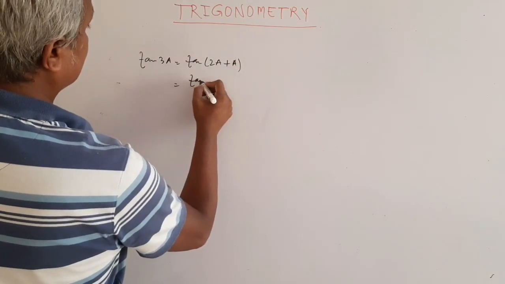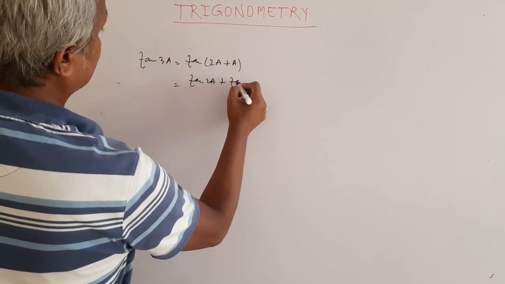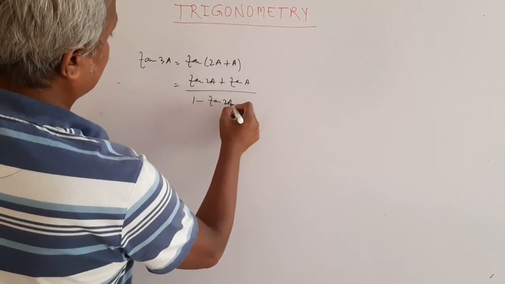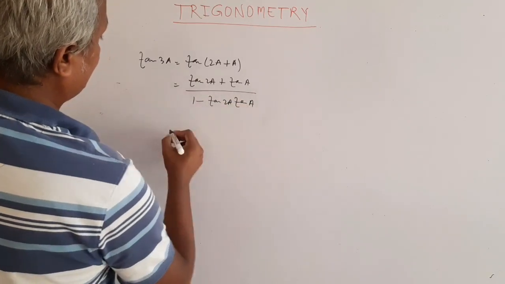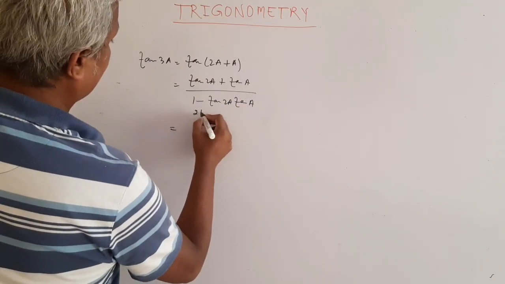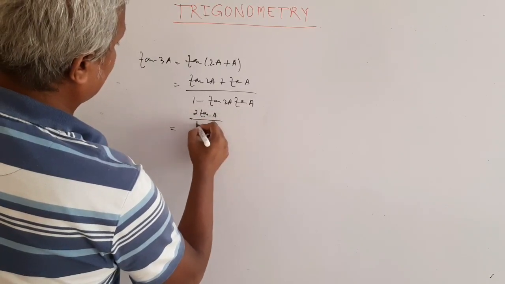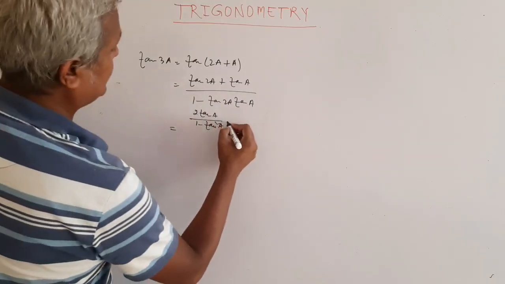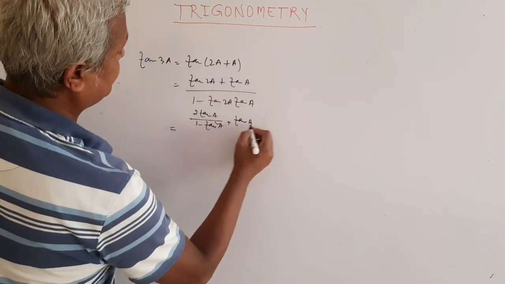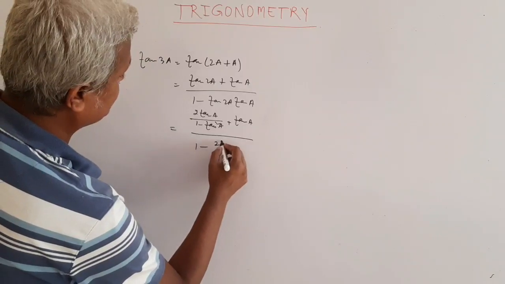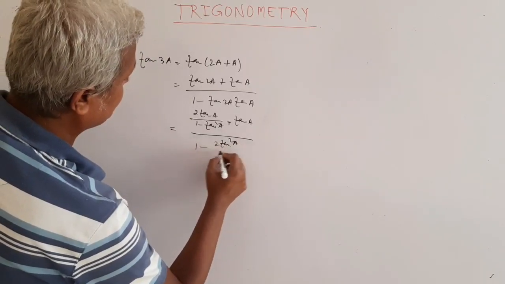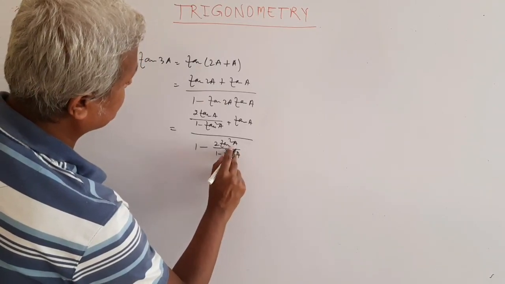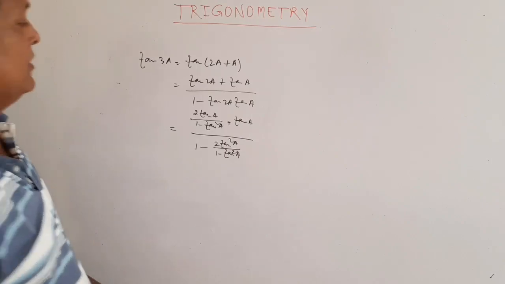So this is tan 2a plus tan a over 1 minus tan 2a tan a, and again this is the formula, 2 tan a over 1 minus tan square a for tan 2a, plus tan a upon 1 minus 2 tan square a upon 1 minus tan square a.